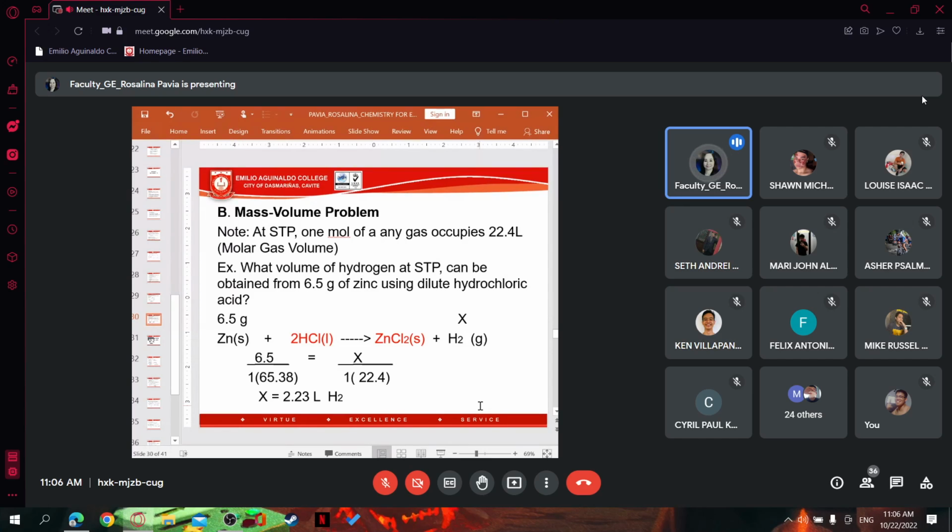Now, slash off the compounds that are not needed. So HCl and zinc chloride are not needed in the calculation. You will just play around zinc and hydrogen gas. Okay. So si kay zinc, equation weight. Kay hydrogen, equation volume.